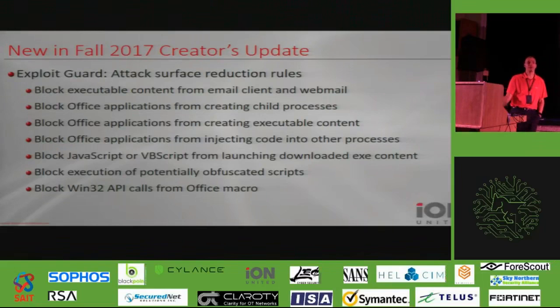These are some of the Exploit Guard ASR rules. You can block executable content from email client and webmail. So if the OS figures out that's an email client, then it can't run an executable. Office applications can't spawn processes, or can't create executable content, or can't inject code. Scripts can't download executables. Obfuscated scripts can't call a Win32 API from an Office macro.